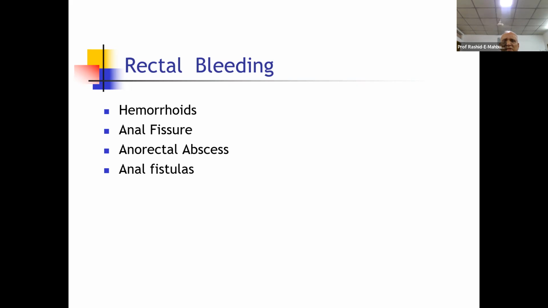Second degree, they sometimes come out, but after defecation they go back in. Third degree, they come out and need help to be pushed back up. So that is a third degree.